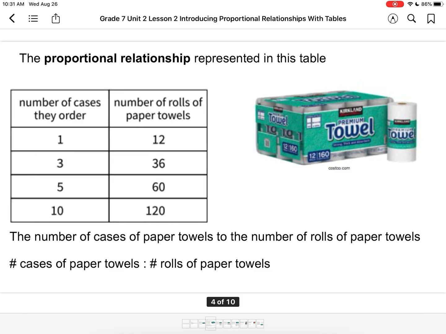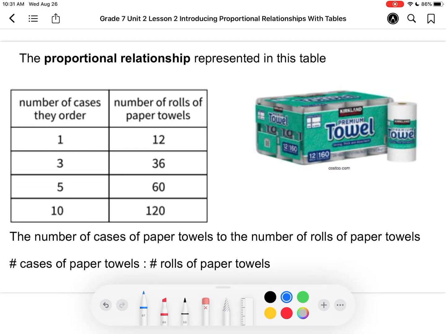So the proportional relationship represented in this table, we can decide what it is by looking at the headings on the table. The number of cases of paper towel and the number of rolls of paper towel. So I've written it out here. The number of cases of paper towels to the number of rolls of paper towels.